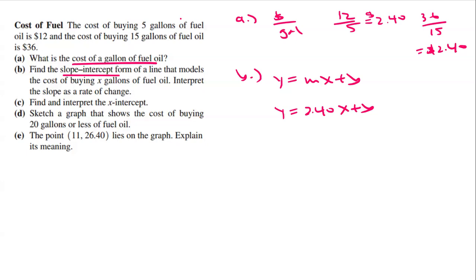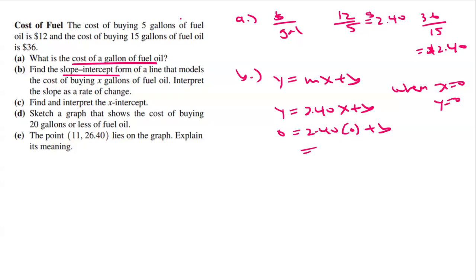All right, so does it have a starting point? Well, what happens when x is equal to 0 and y is equal to 0? If you plug that in there, y is 0, 2.40 times 0 plus b.